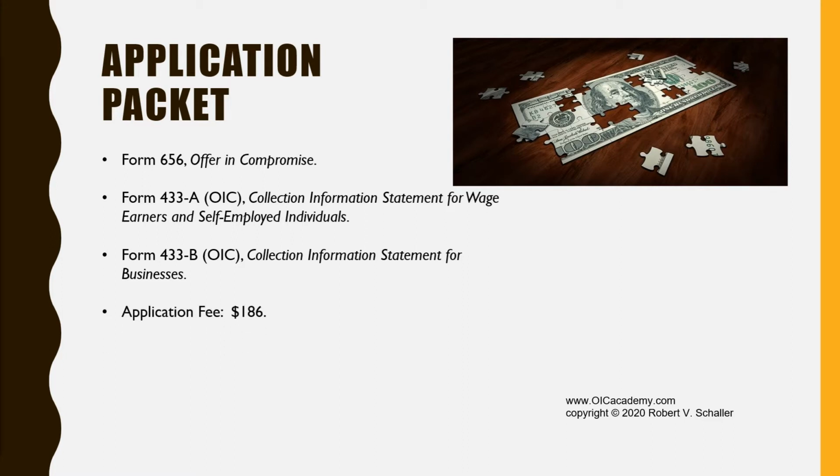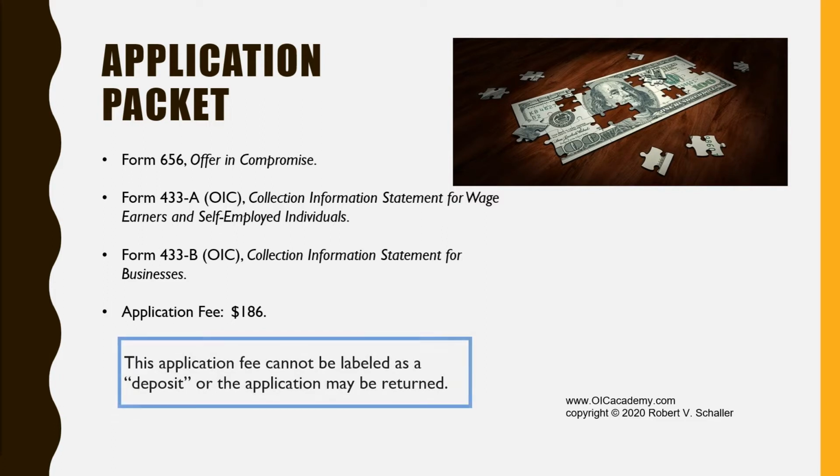The taxpayer's first payment obligation is the application fee. Taxpayers seeking to compromise their back tax liability must submit a $186 application fee along with the offer and compromise application packet. This application fee cannot be labeled as a deposit or the application may be returned.